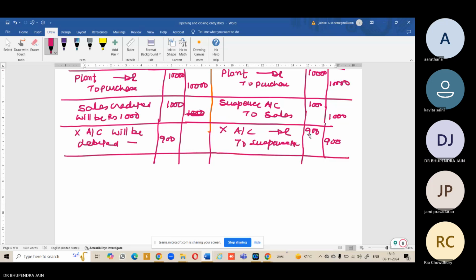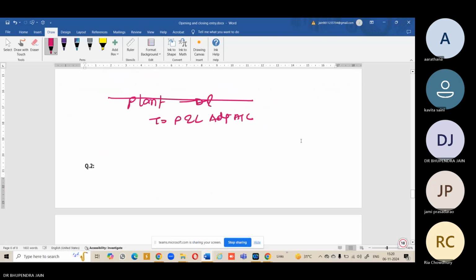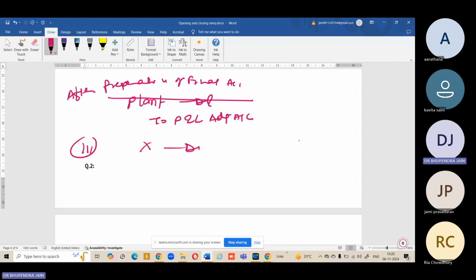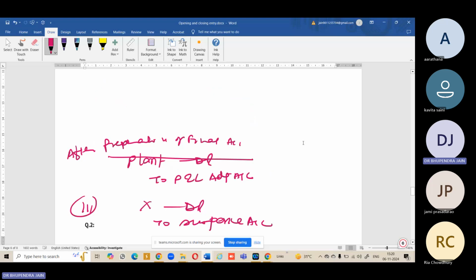This entry is related to the personal account, so we will adjust it with the suspense account after preparation of final account. After that, for the third entry we will make the same: X account debit to suspense account, because the entry is related to a real account.